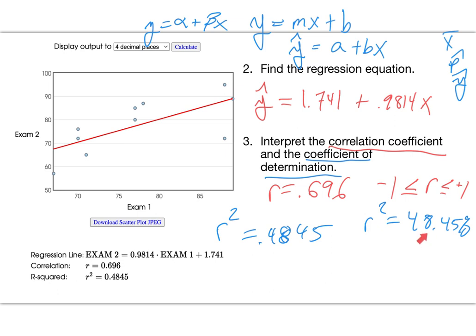Conversely, about 51.5%, the complement of this, about 51.5% of the variation in exam 2 is attributed to something else. There's something else not associated with exam 1 that goes towards the exam 2 variability.